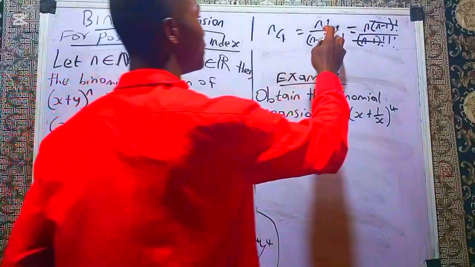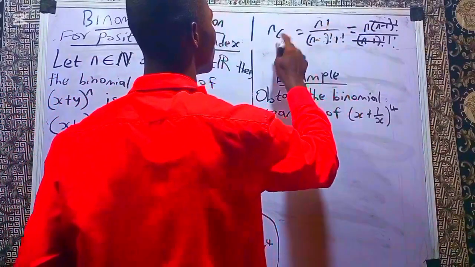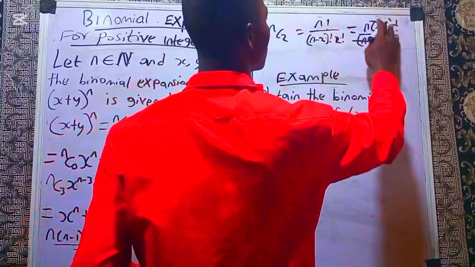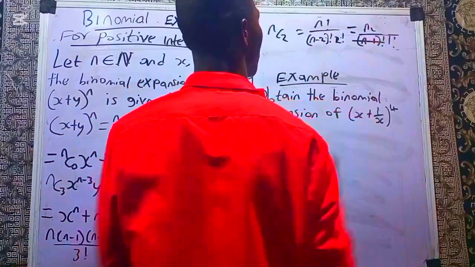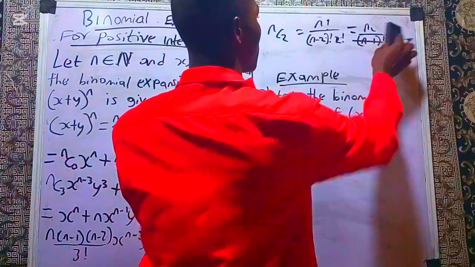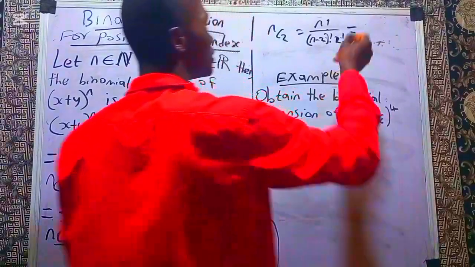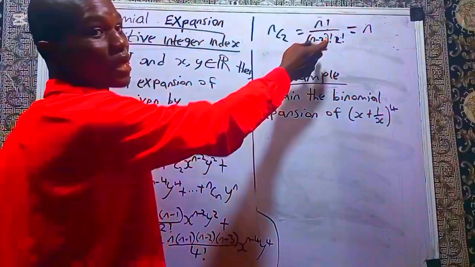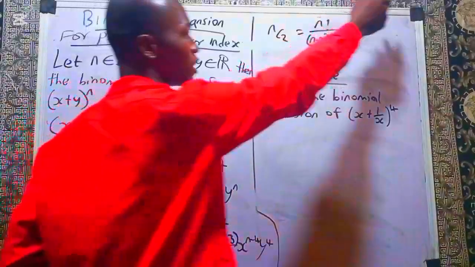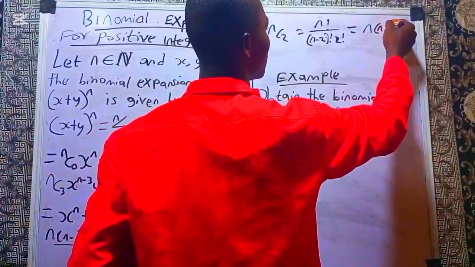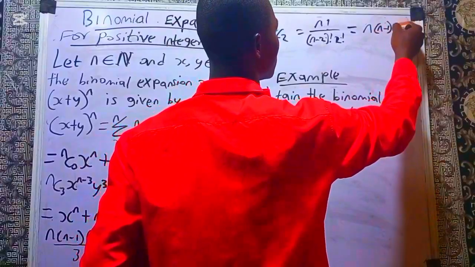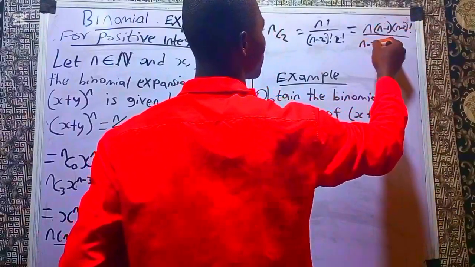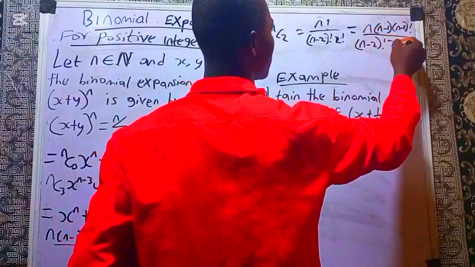Likewise, if r is 2, if you simplify the numerator, you have n into n minus 1 into n minus 2 factorial, then n minus 2 factorial 2 factorial.